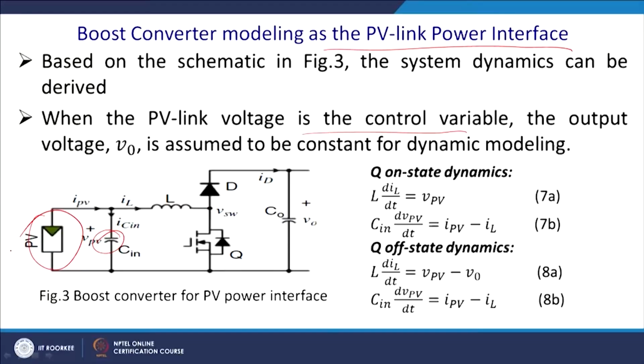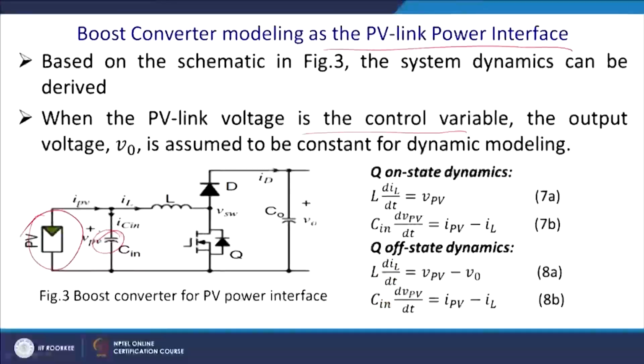The voltage will collapse at this point, high current will flow, and thus the MPPT point will change. This capacitor ensures that the MPPT point stays almost constant when switching on and off takes place. So, based on the schematic in figure 3, the system dynamics can be derived.